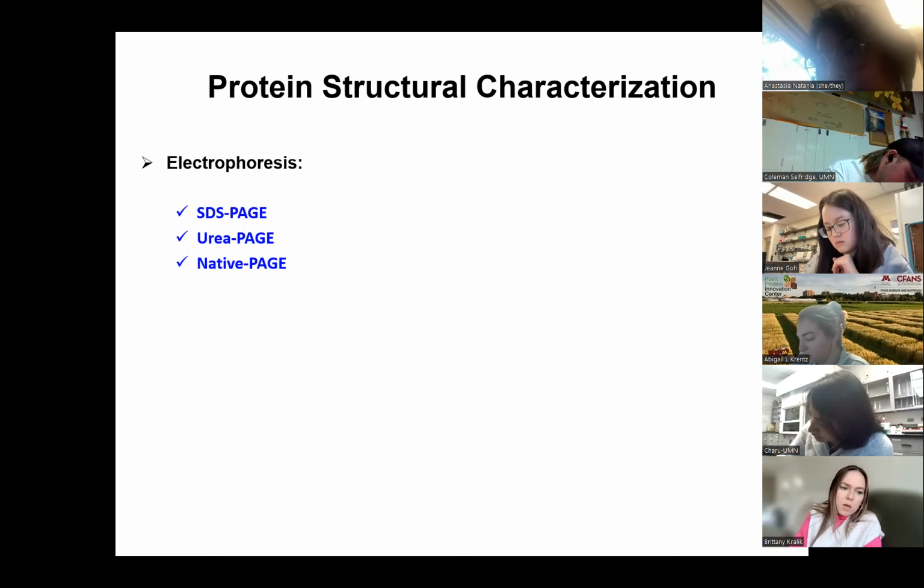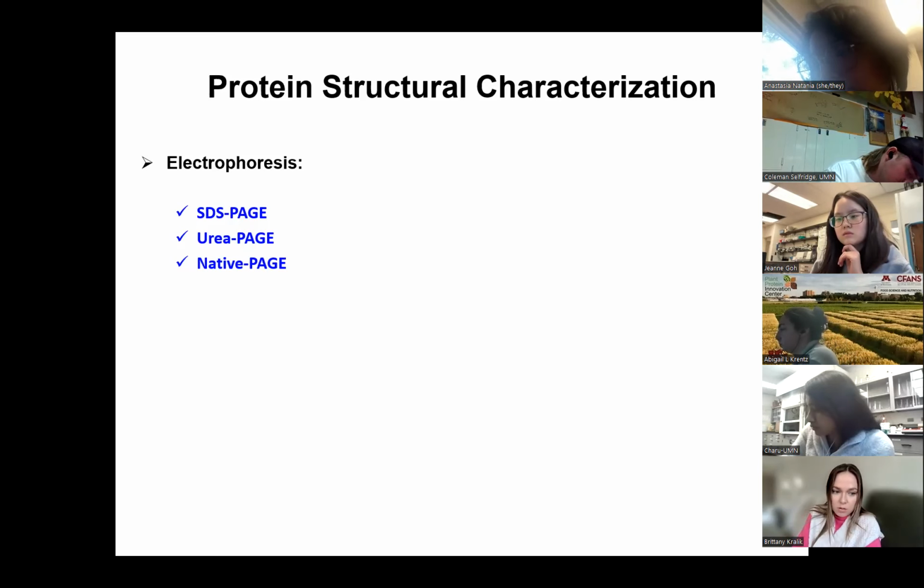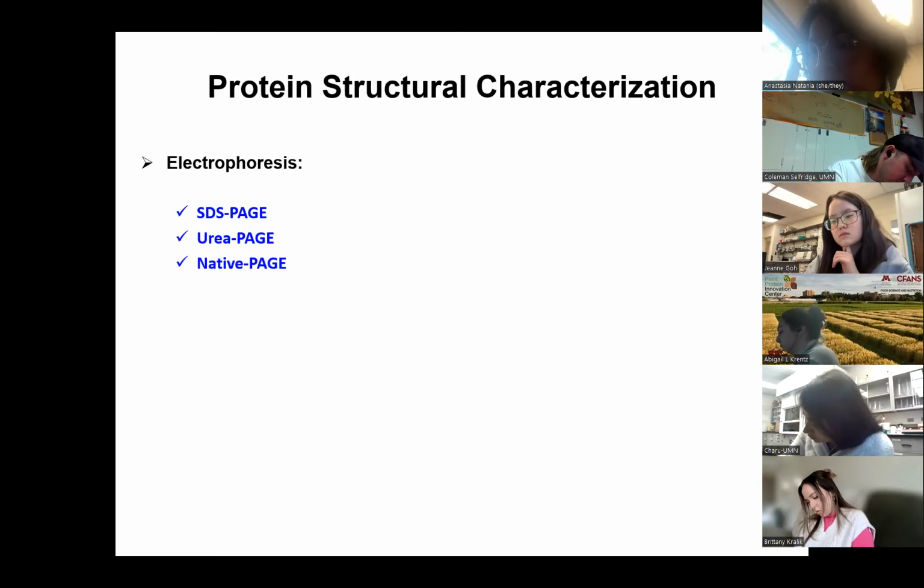Okay, now, if the SDS didn't alter the charge, then they wouldn't all be able to travel down the gel like they do? No, because they won't be all net negatively charged. And in electrophoresis, you have your electrodes, the negative and the positive, and you're running the gel, so all the negatively charged molecules are going to the positive electrode.